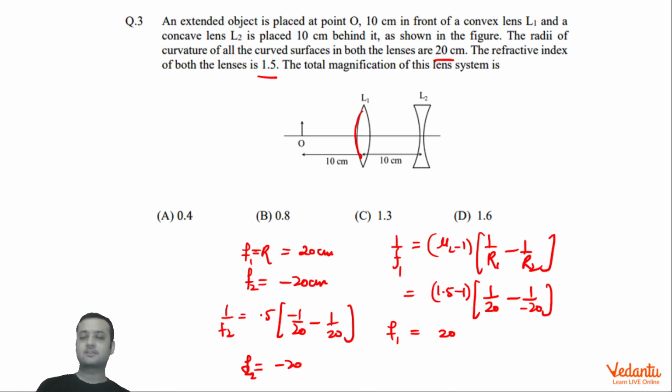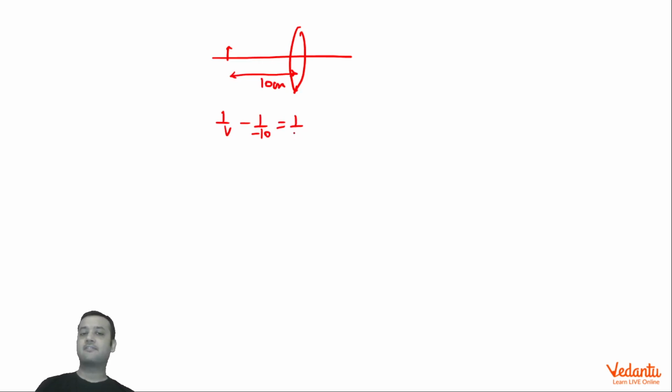Anyway, now let's solve this question. For the convex lens, the object is kept at a distance of 10 centimeters. Using 1 by v minus 1 by u, with u equal to -10, equals 1 by f. f will be 20 actually. So from here we get 1 by 20 minus 1 by 10, so v equals -20.